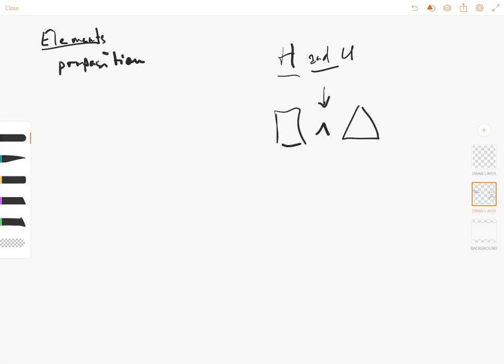So the key feature of this is that H by itself is a proposition, and H and U, which stands for I have a headache and I'm hungry, is also a proposition. This logical form here can be represented more easily using variables instead of actual specific assertions about the world.